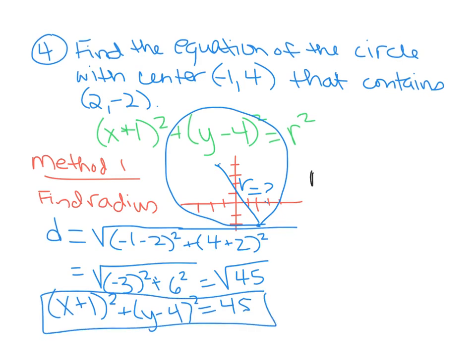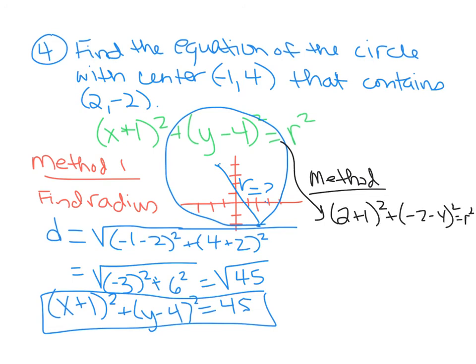So for method 2, you're going to notice something in just a minute, but I'll show it to you first. You're going to take that equation that you have right here, and you can actually substitute in the other point, 2, -2, to that equation, and then find your r from there.